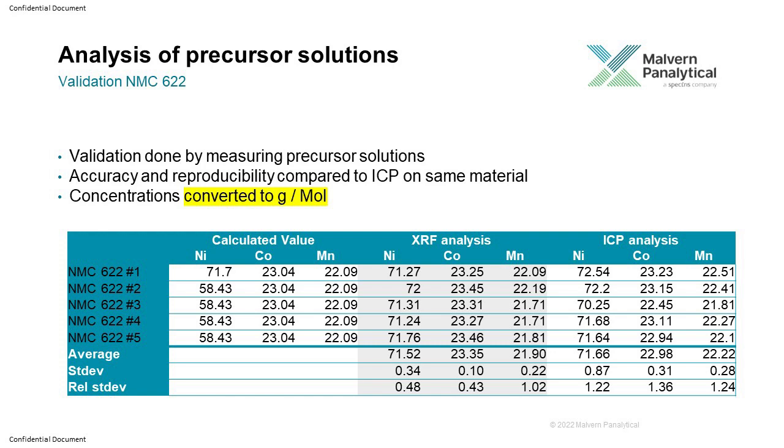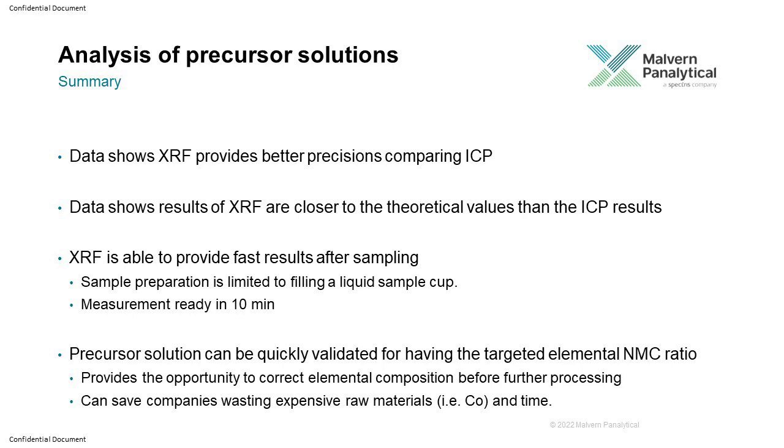So this is the conclusion, that XRF, particularly if these are liquid samples and you are measuring the major elements, can give better precision compared to ICP. There is no sample preparation. In ICP, you have to digest the sample into acids and those kind of things. Here, you just put into the liquid cup and put it into XRF, and the measurement time is within 10 minutes, you have your results.